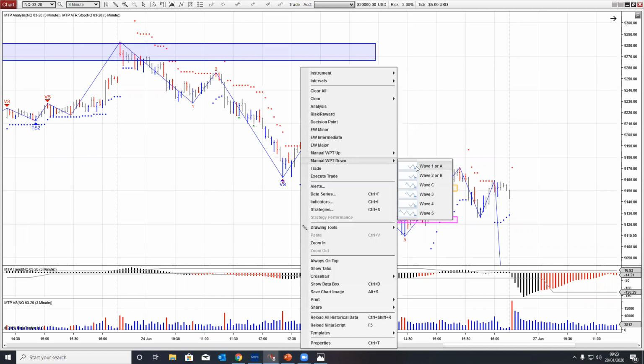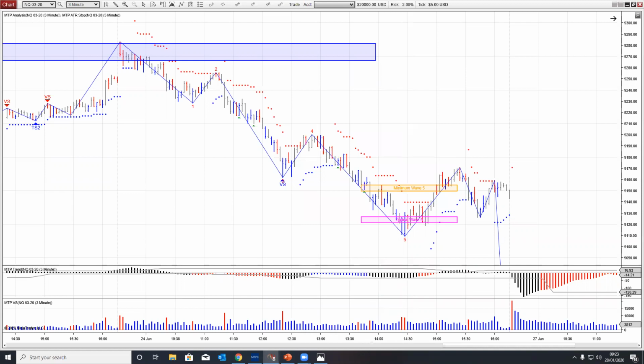Again, this is for people who are familiar with Elliott wave and who know a bit about how to use Elliott wave in their analysis. So this is why I don't talk about this much, because the vast majority of you just simply want to use our automatic setups.